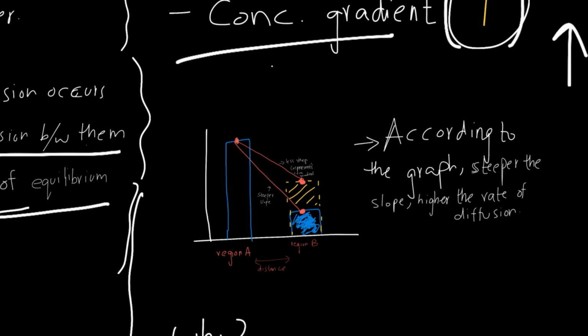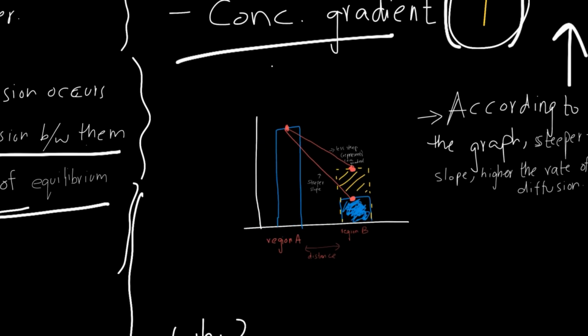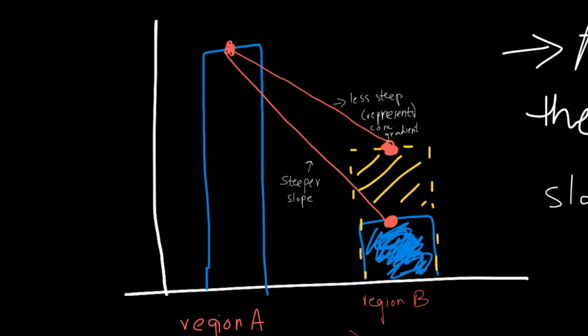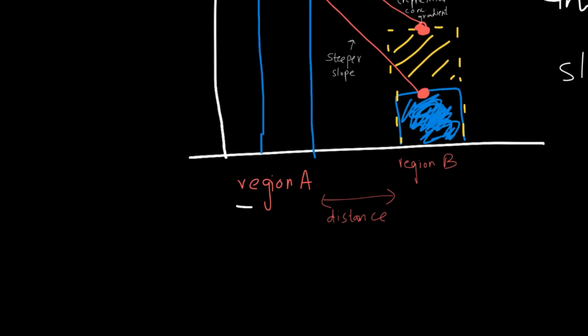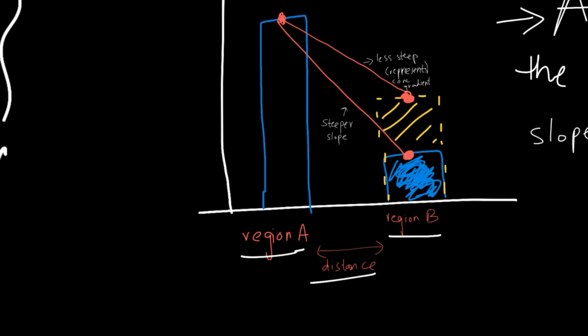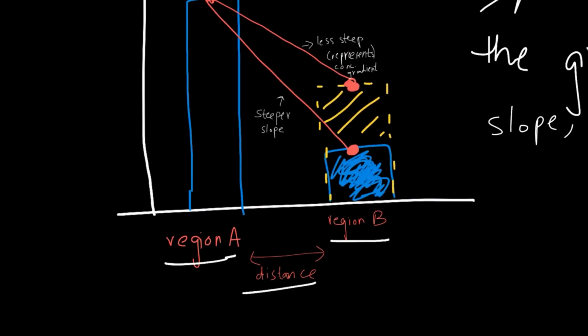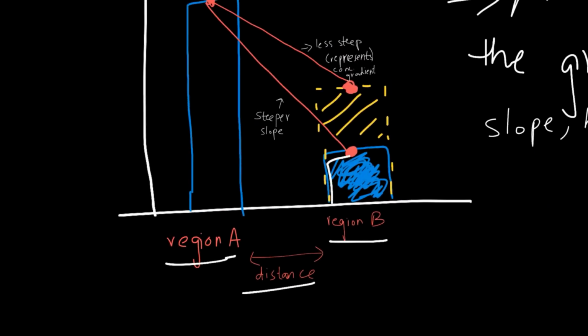So let's have a look at this graph that I made right here. So for example, in this graph, this is region A and this is region B, two different regions with a certain distance between them. I've just stated how, for example, this bar is a little shorter, right?